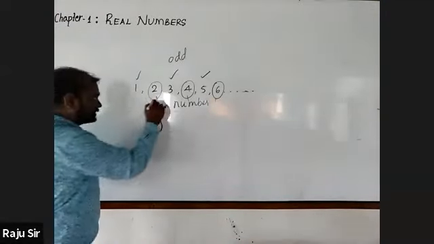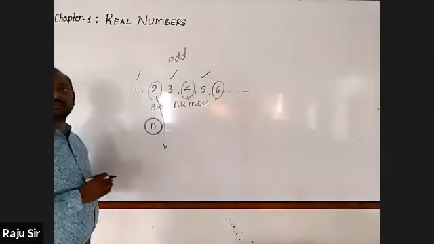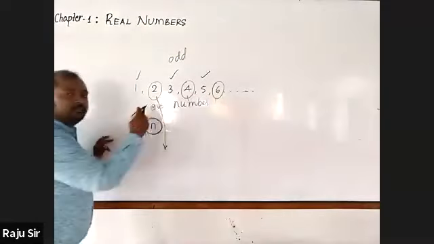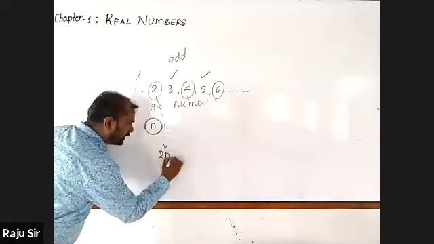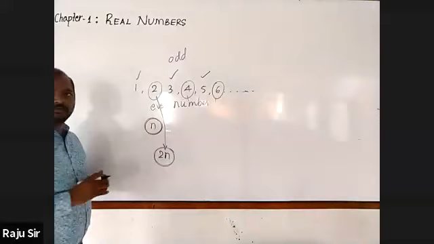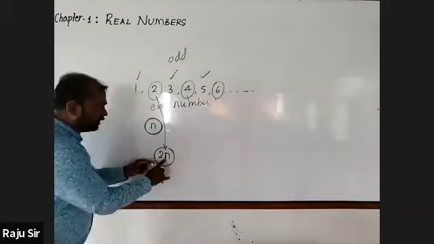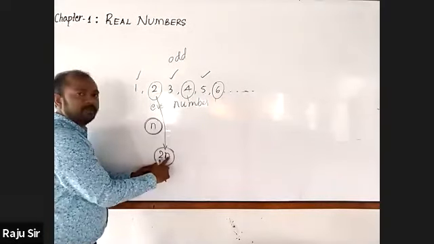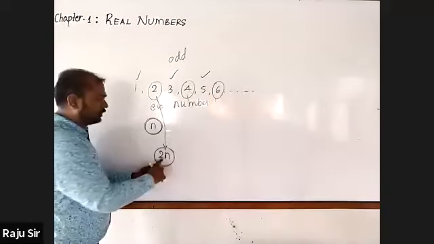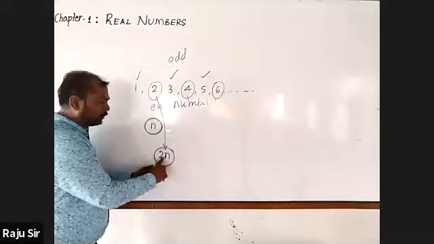If it is an even number, we know that it is a multiple of 2. Hence, it can be written as 2n, where n is a natural number. If you substitute 1 in place of n, it will be 2 1s are 2. Next, 2 2s are 4.